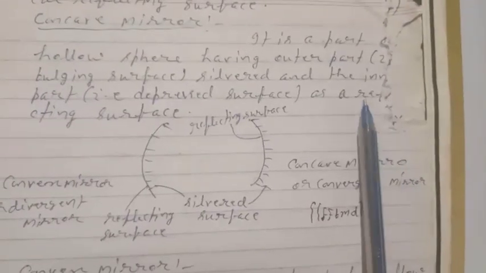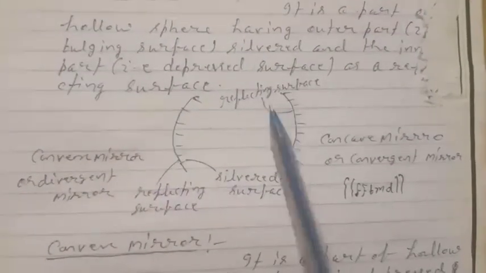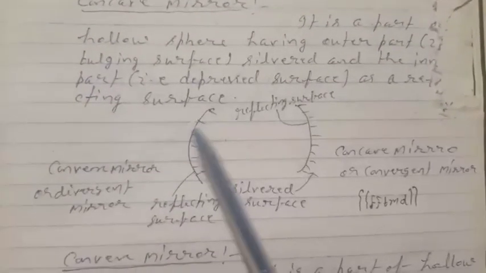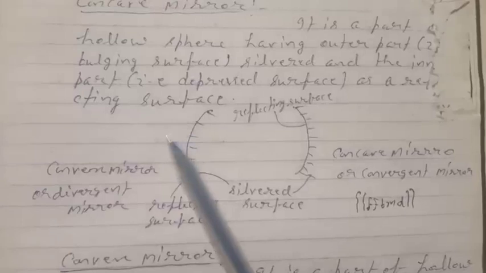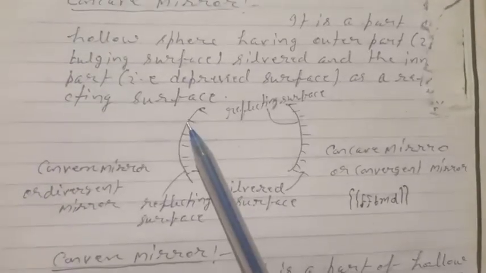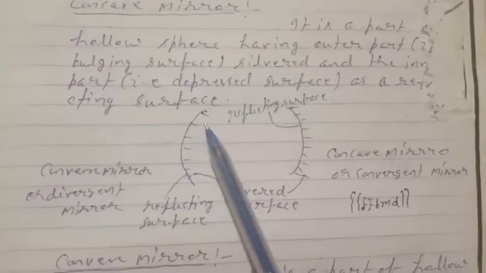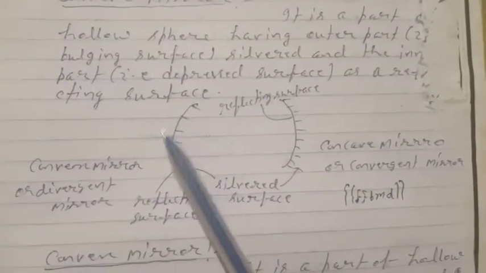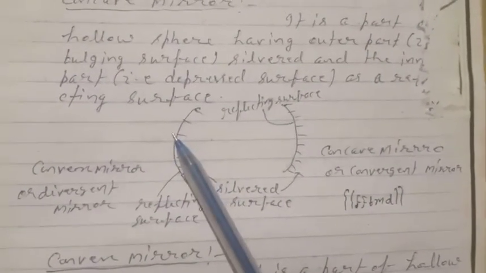Then it will be called concave mirror. Here the situation is shown. The bulging part is this, and this is a plane and reflecting part, and the depressed part is this, and this is polished part. So this will be called convex mirror.